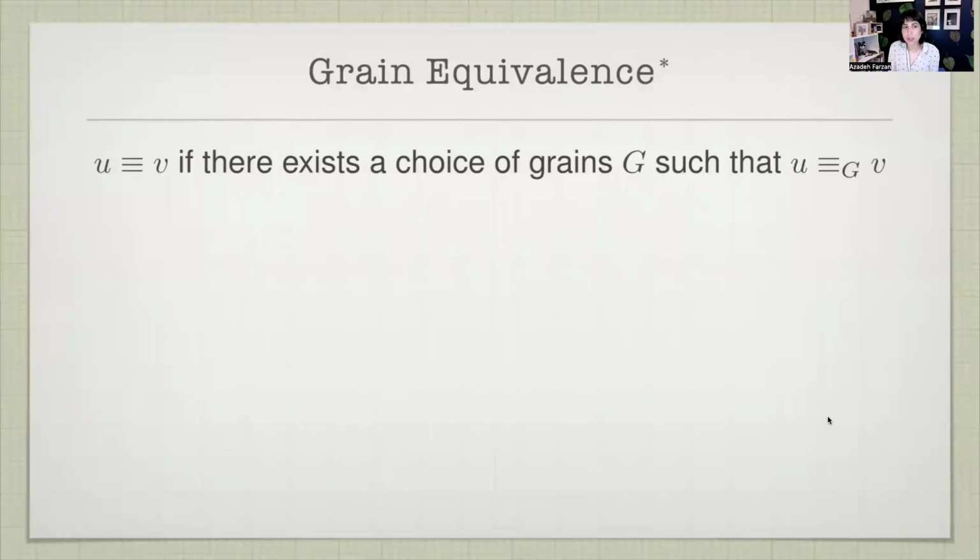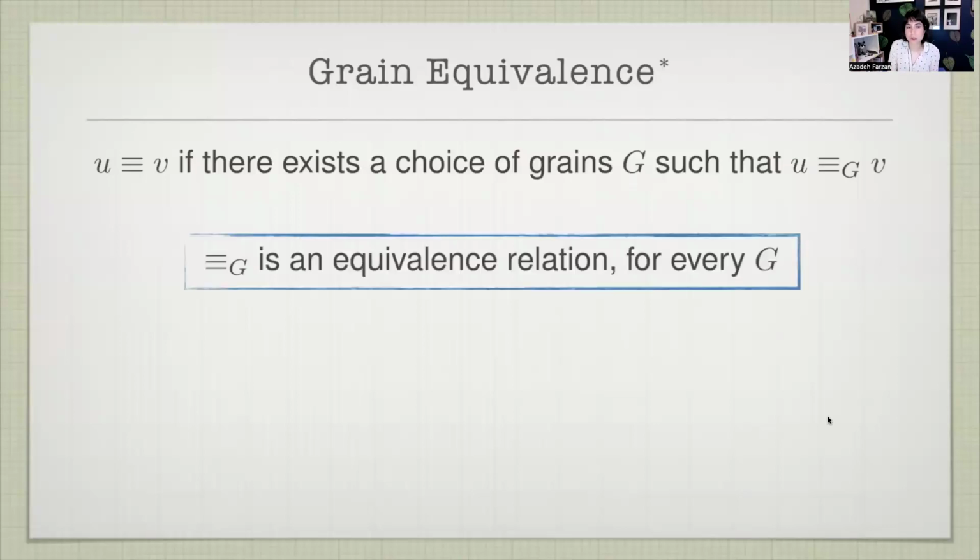So now I'm giving myself the power to try out all possible choices of grains, with the hope that one of them will actually get me from where I am to where I would really like to be. In a sense, I'm giving myself the most prediction power this way.